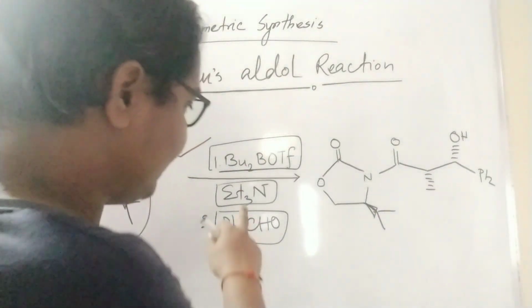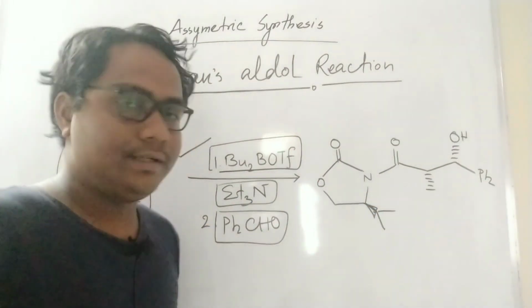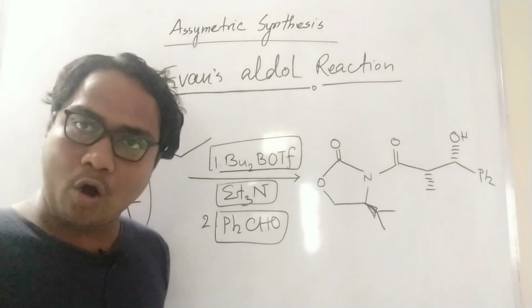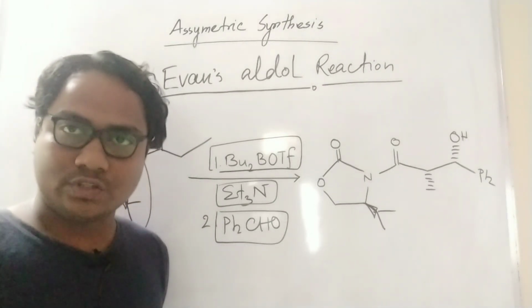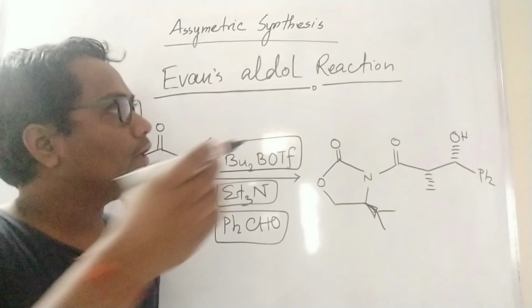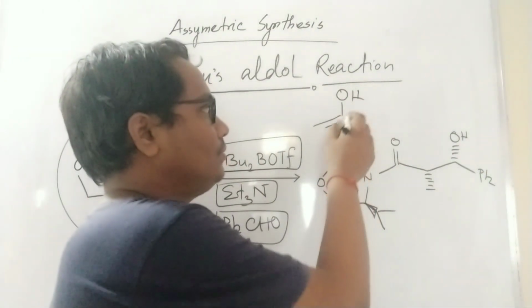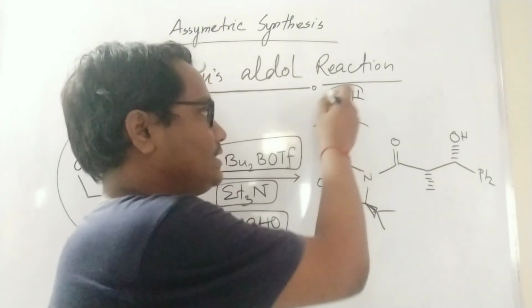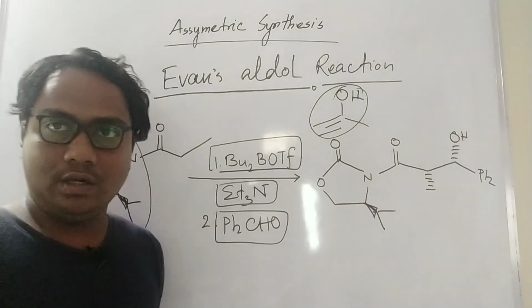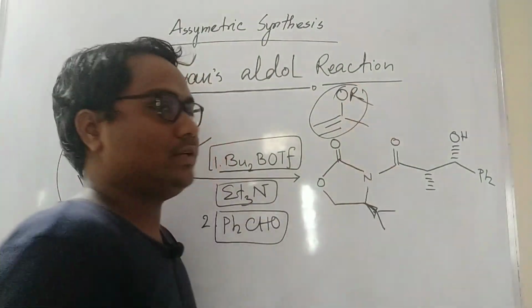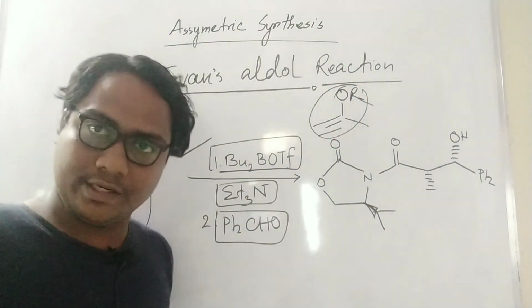Actually, what will this base ultimately generate? It will generate an enolate. What is an enolate? An enol means you know this is an enol, an alcohol with a double bond adjacent. And an enolate, if in presence of this an R group is there, is called an enolate.